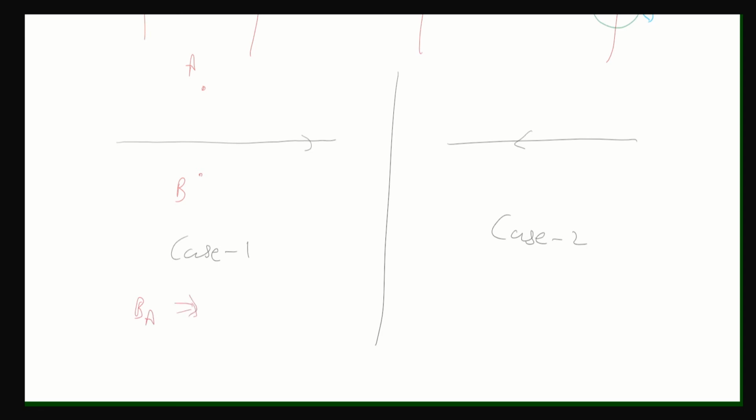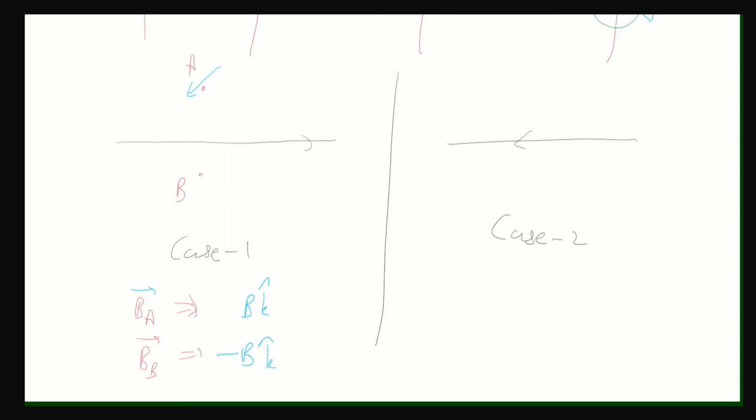As I explained earlier, place the right hand thumb along the current direction, and then at A point fingers will be coming out. So what is the direction of magnetic field? K cap. At B point, fingers will be going in, and hence it is minus B K cap.